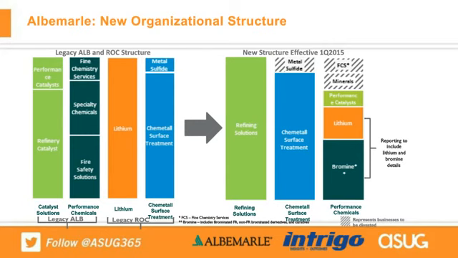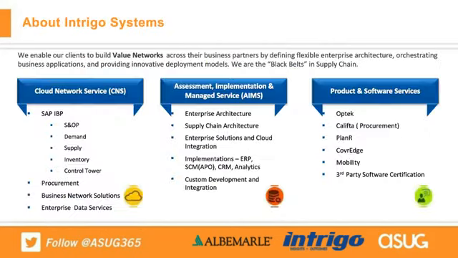Okay, so next slide. Hey everyone, I'm Pushpinder Singh. I work for Intrigo Systems. We are a Bay Area-based company, and we are specifically focused on supply chain related aspects. We have different models with which we go to market. One of our models is cloud network services, where we have been doing a lot of work for the last 2+ years.